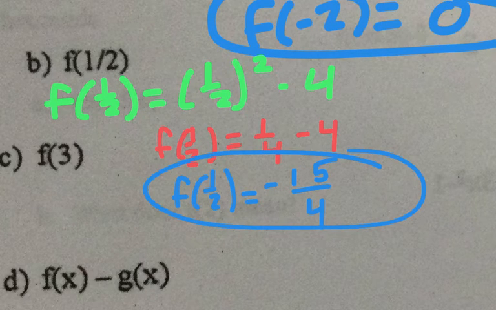Because 4 is the bigger number. You have a quarter and you owe $4, right? You have 0.25 and you subtracted 4. I got it. If it was 4 minus 0.25, it would be positive.